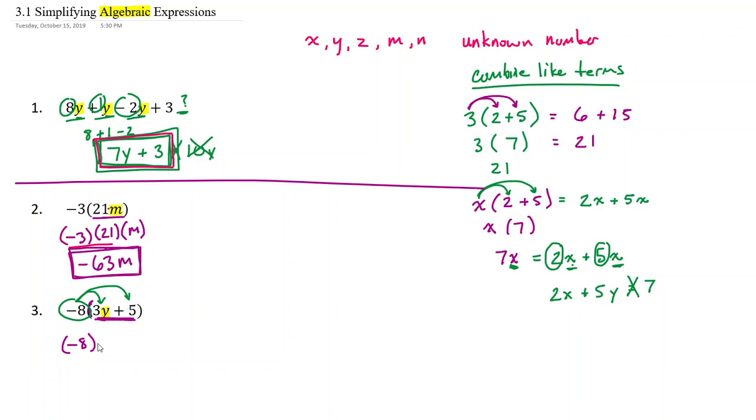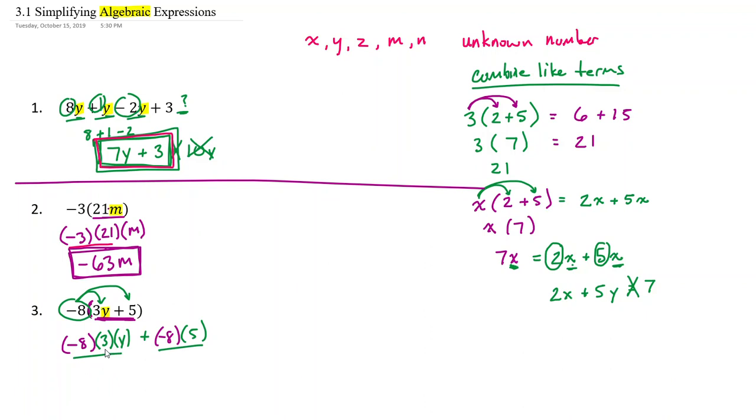So we're going to have negative 8 times 3y plus negative 8 times 5. So the negative 8 is being multiplied by each set of things, and then notice now we've got a big multiplication going on, 2 multiplications actually.